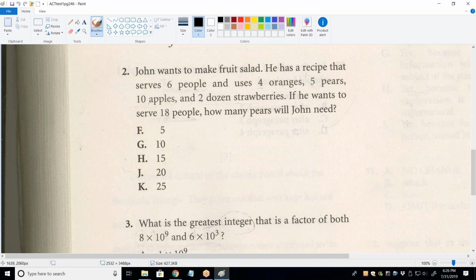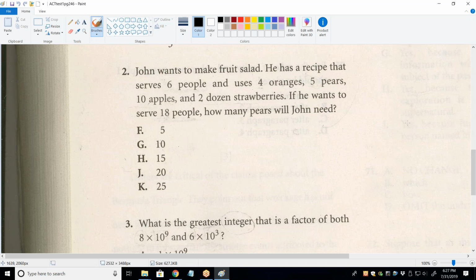them. What's the ratio of number of people that you want to serve versus the number of people that serves 6 people? What's that ratio? You want to serve 18 people, this recipe serves 6 people.